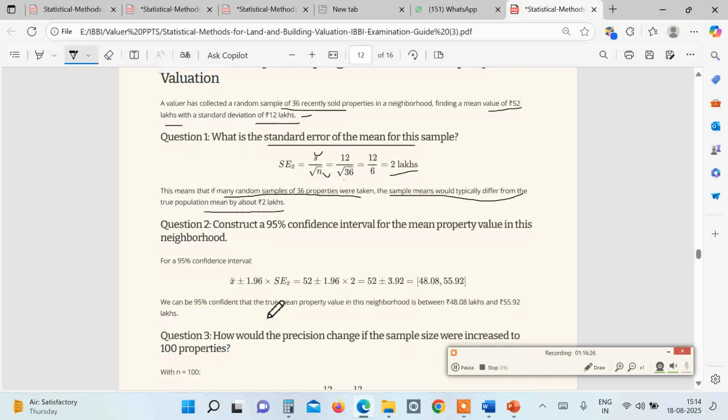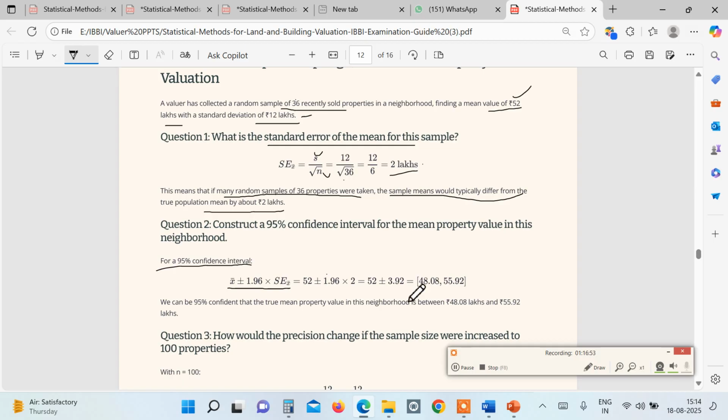Next, construct a 95% confidence interval for the mean property value in this neighborhood. So for a 95% confidence level, you know the formula is x bar ± 1.96 × SE x bar. x bar is 52 lakh, as given to you, ± 1.96 times the SE x bar you have calculated, 2 lakh.